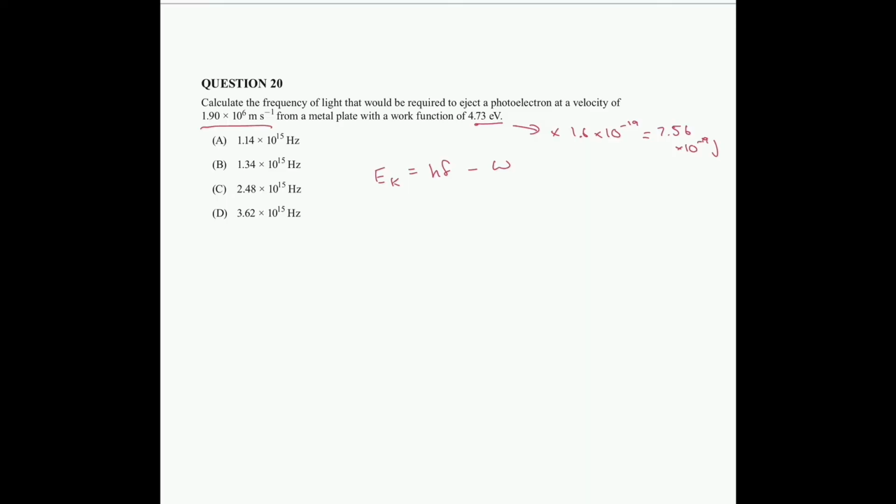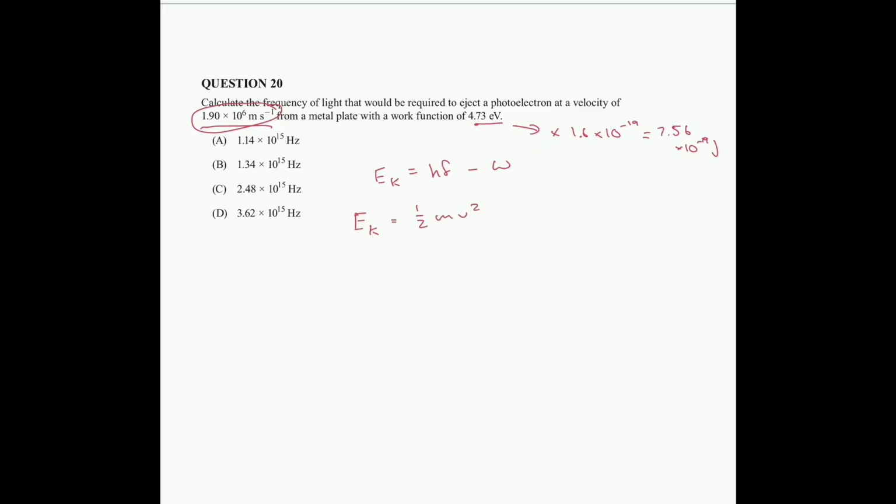The next thing is I want to be able to throw this into my formula, which involves the velocity of that ejected electron. So what I can do is recognize that E_K, or kinetic energy, is also equal to 1/2 mv squared.